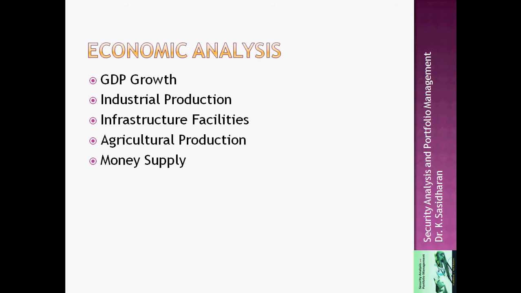So the aggregate money supply is represented by M1, M2, M3, M4. M1 is known as the narrow money, which consists of currency with the public and demand deposits with the banks. M2 is the sum total of M1 plus post office savings bank deposits. M3 is the broad money, which comprises M2 plus time deposits with the banks.